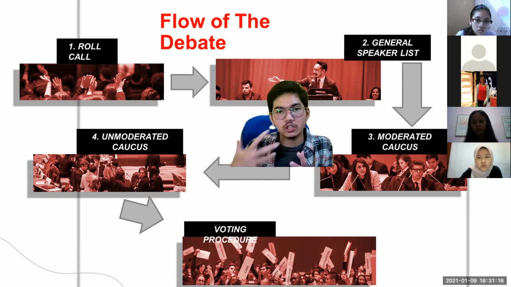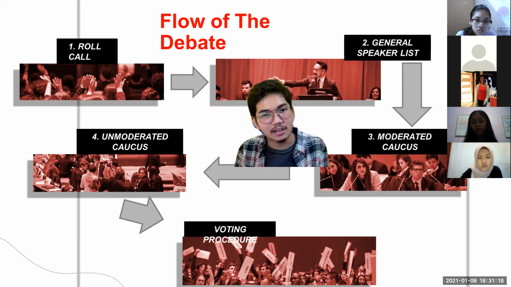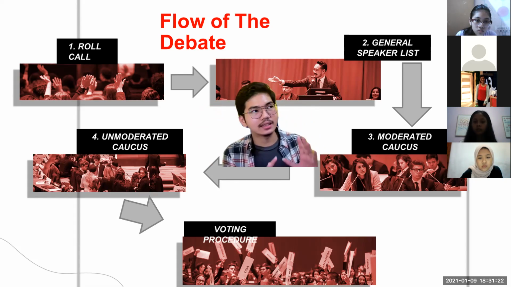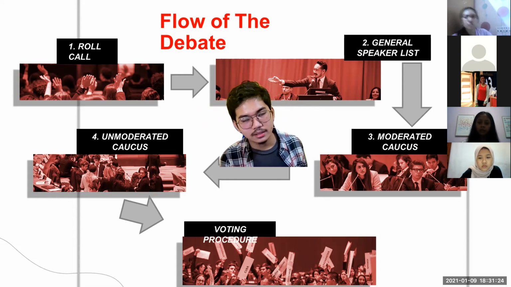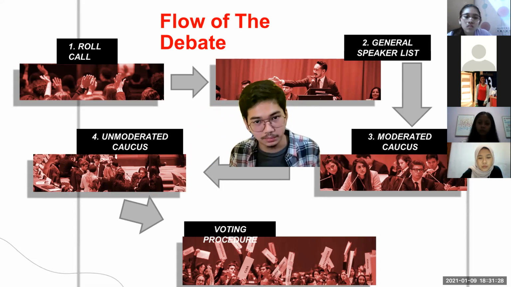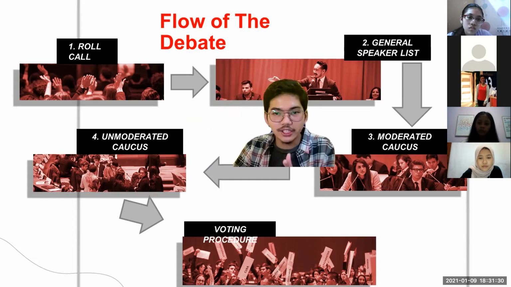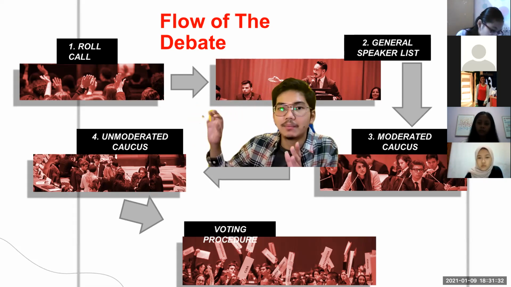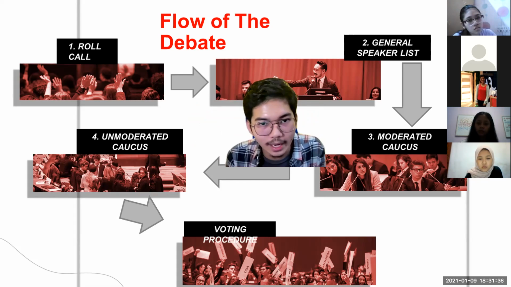And then what you're going to talk about depends on the current situation of the meeting. If the general speakers list starts at the start of the meeting, then you will talk about the issue in the most general way possible. But if another general speakers list starts in the middle of the meeting, then you cannot talk about the issue in a general way.